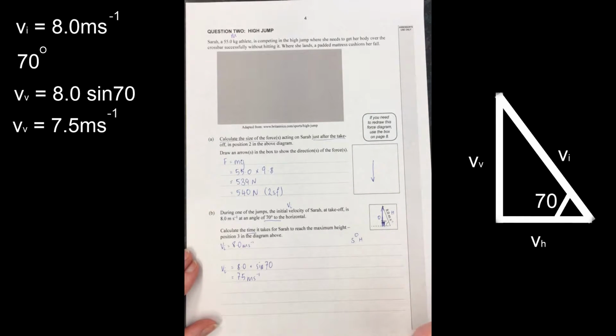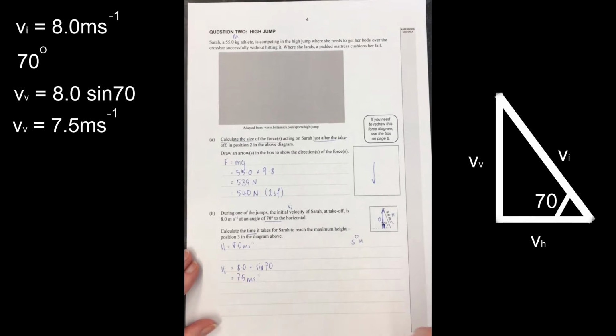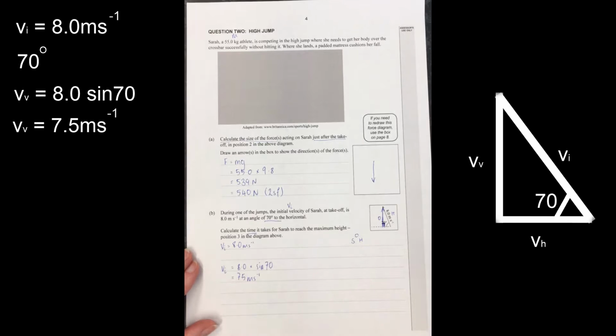Okay, we need to work out the time it takes to get to the maximum height. So we have two other bits of information that don't necessarily get given to us in numbers in our question. Okay, we have an acceleration.